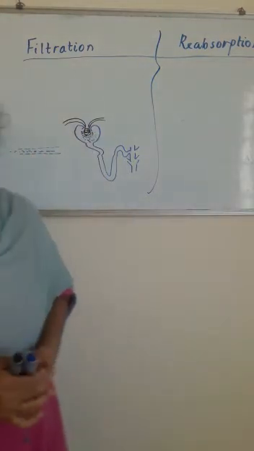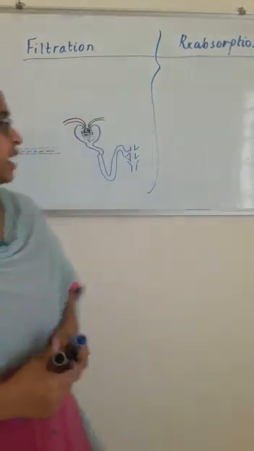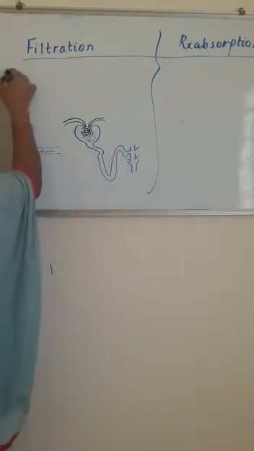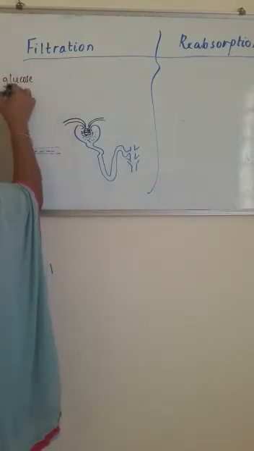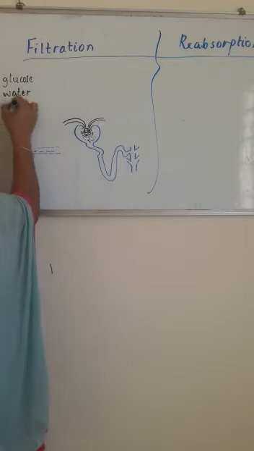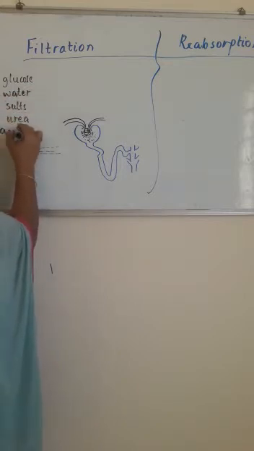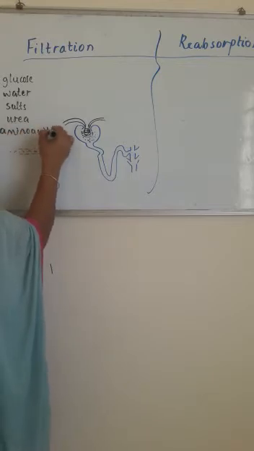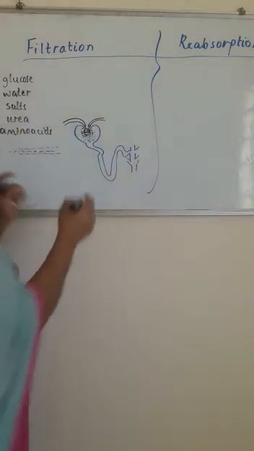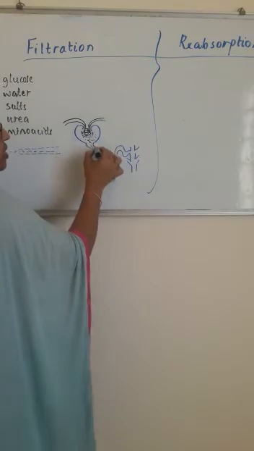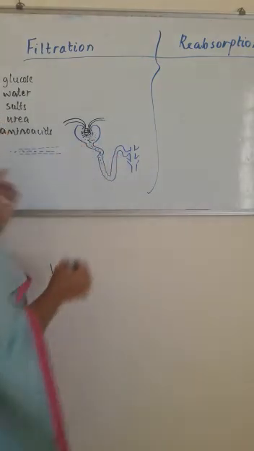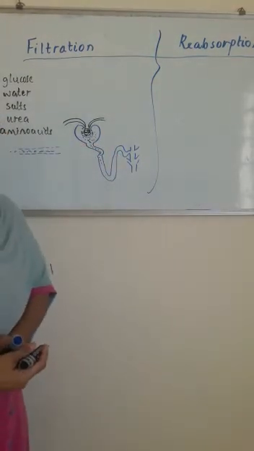So from the blood, which things have entered? Glucose, water, salts, urea, amino acids, such smaller molecules are filtered into this space.